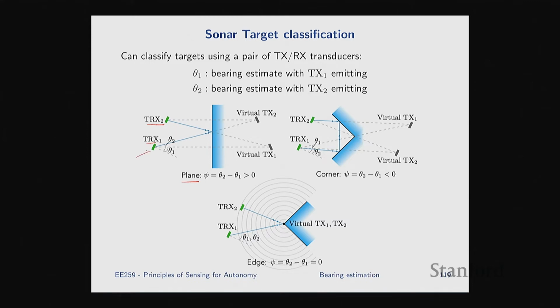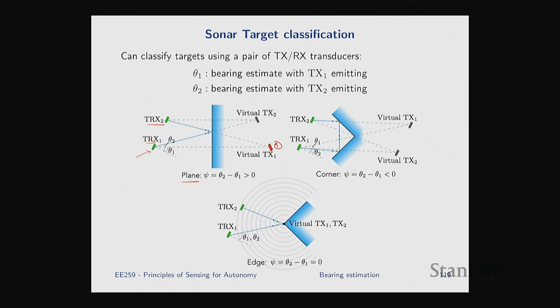We are also looking at DOA on RX1, let's say. If it's far away, it doesn't matter which one you look at. So TX1 fires, right? What DOA do you measure? Well, we should look at the virtual transmitter corresponding to TX1, which is the mirror image of that relative to the plane. So that's number 1.